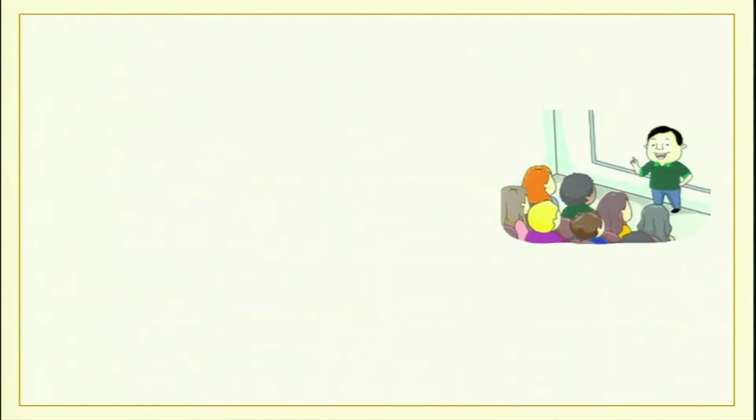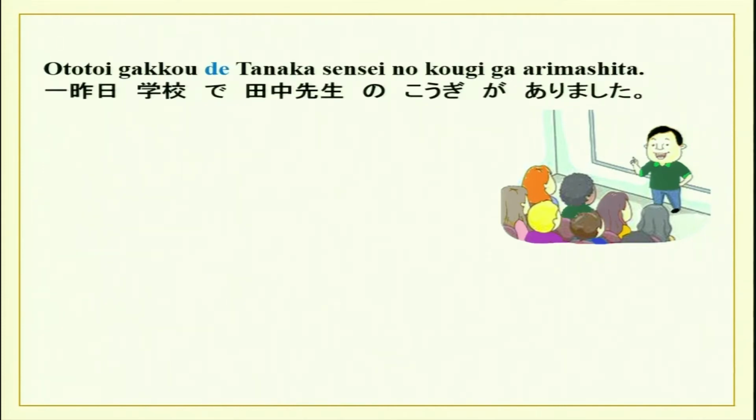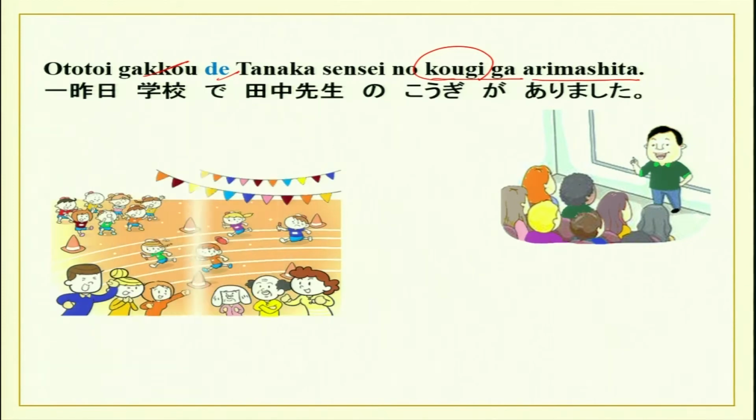You can look at these examples also over here. Ototoi gakkou de Tanaka sensei no kogi ga arimashita. So, there was an event which was a lecture and that took place at the gakkou. Now, over here there is sports day.